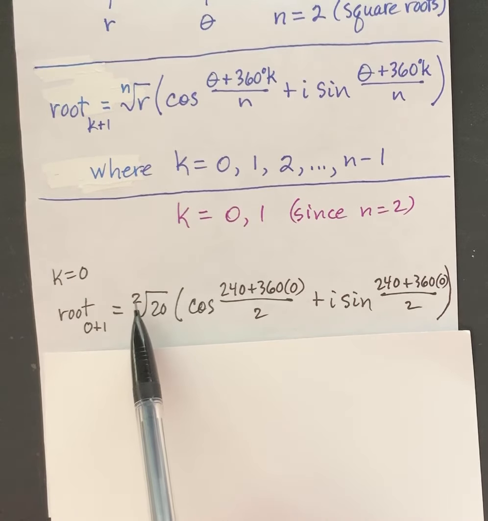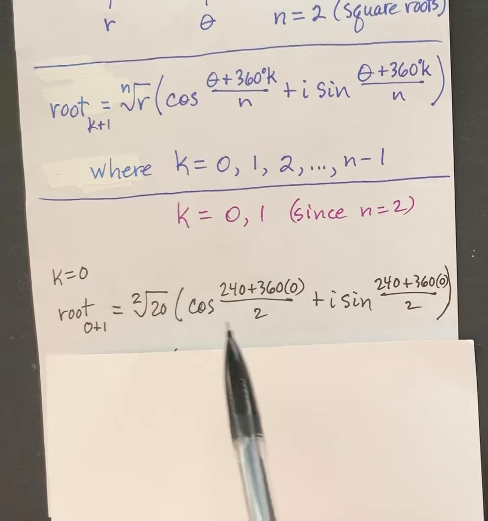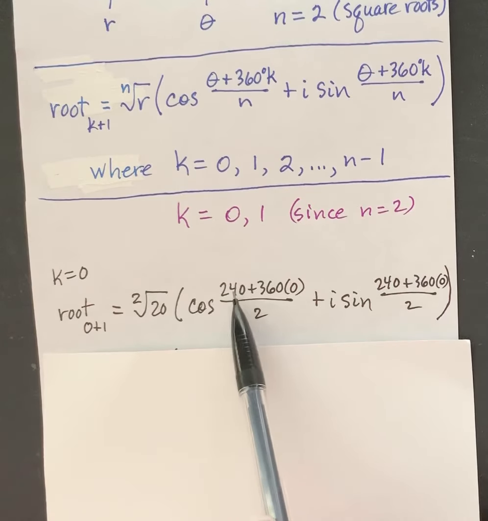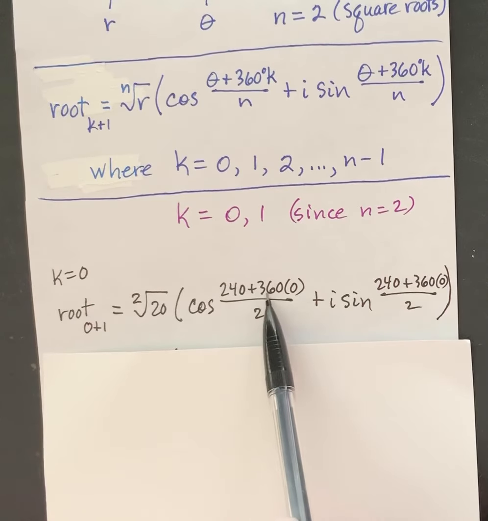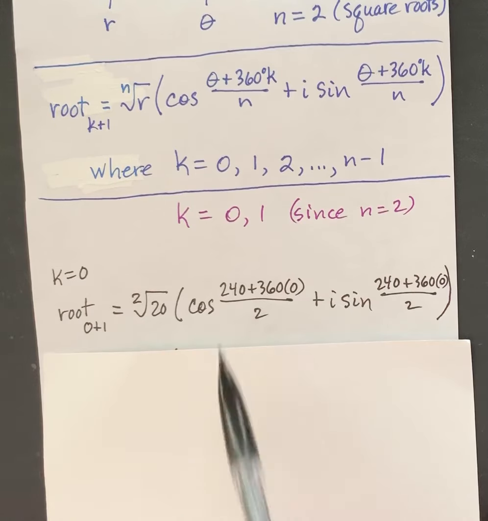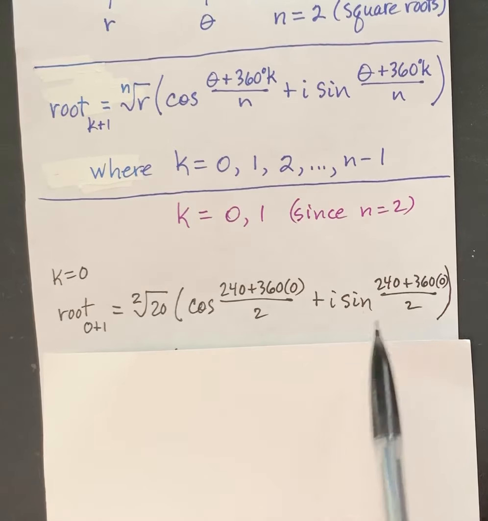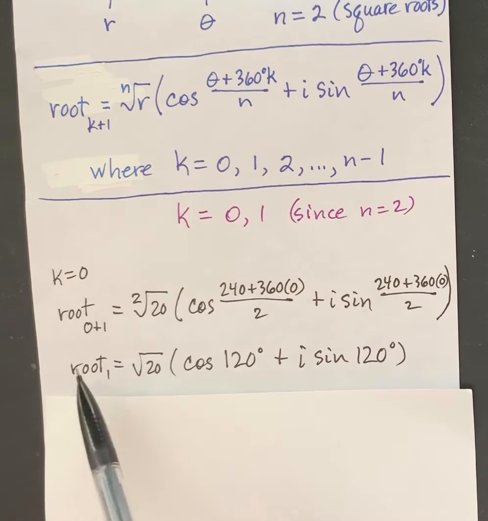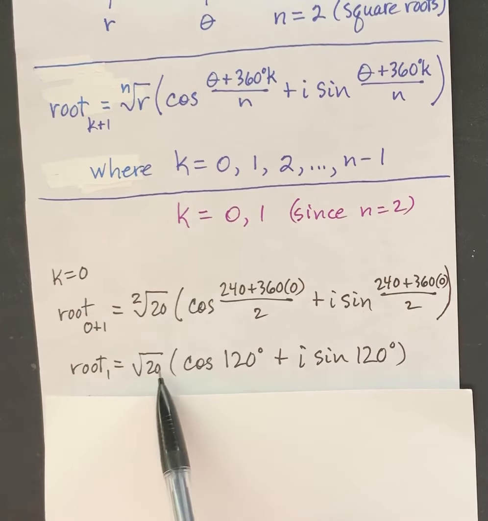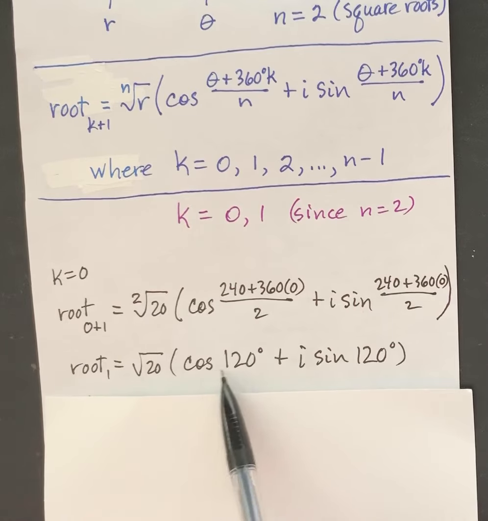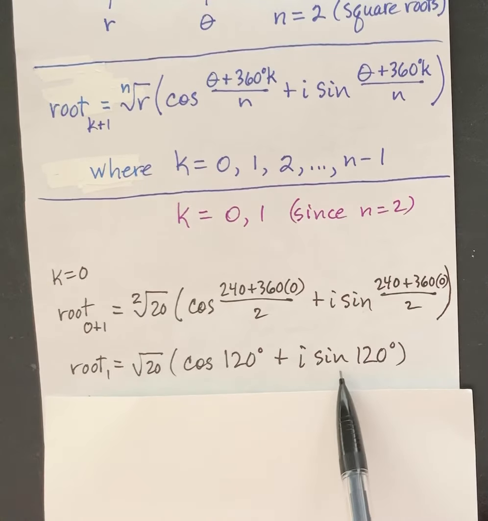You're going to be taking the square root of 20, and then the cosine, the angle will be 240 plus 360 times 0 for k divided by 2, plus i sine. This will always be the exact same angle. And when you simplify it, this will tell you the first root is going to be the square root of 20 times the cosine of 120 degrees plus i times the sine of 120 degrees.